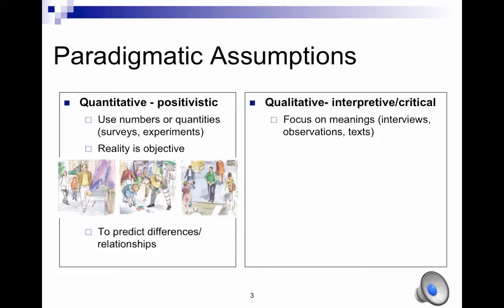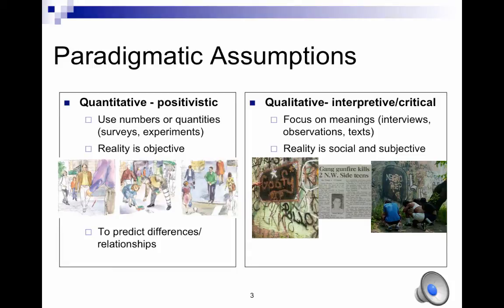qualitative data from observations, interviews, or texts, and they focus on meanings in their analysis. The underlying assumption is our experiences are social and subjective. For example, in the Heartbroken in Half study, different people may have very different perceptions about street gangs in Chicago, depending on where their perceptions came from.